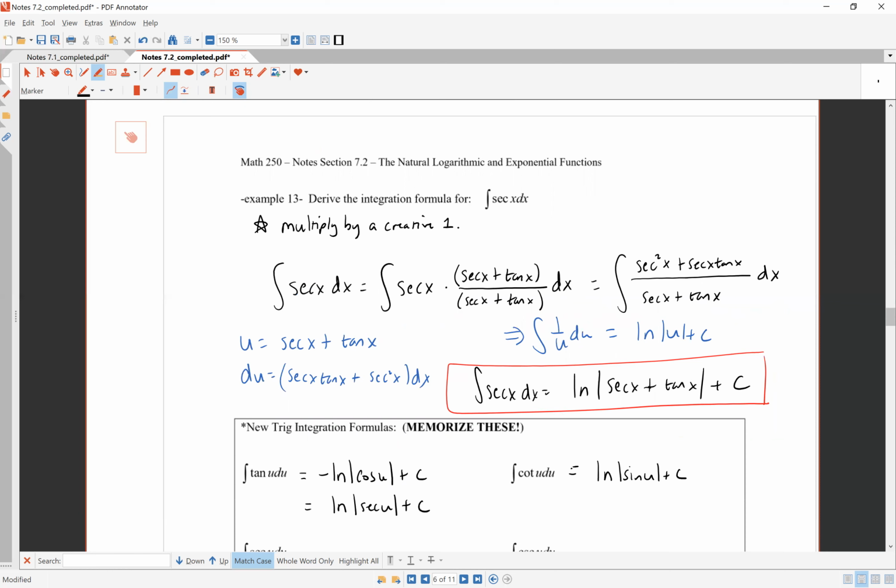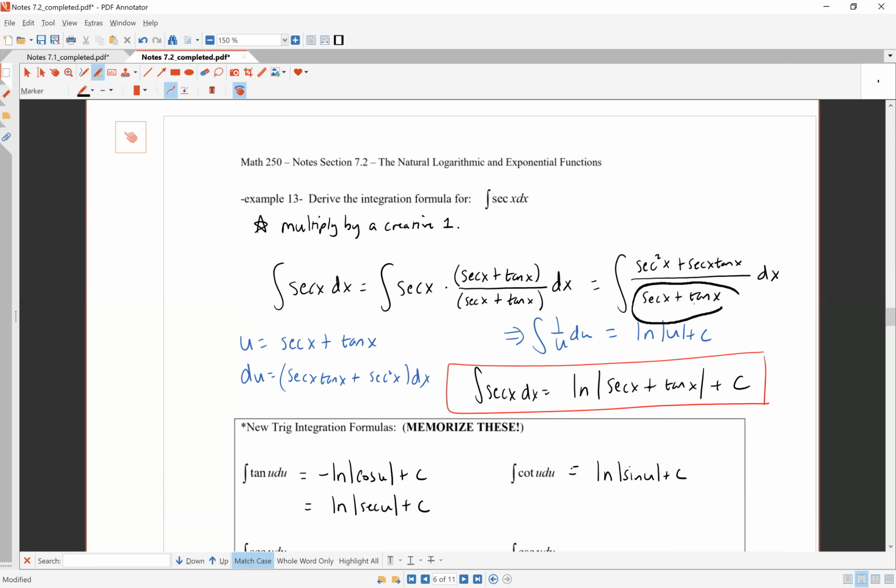Okay, so now the secant function, it's not so obvious. See how some clever person just realized you multiply secant of x by 1 in the form of secant of x plus tangent of x divided by secant of x plus tangent of x. Look at that. The derivative of the denominator, secant of x plus tangent of x, gives you the numerator.